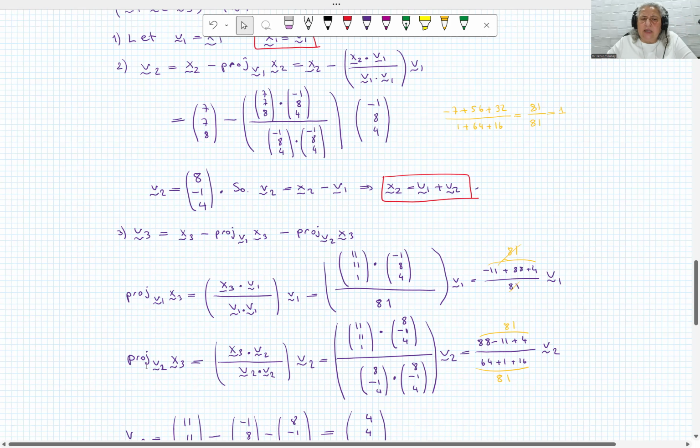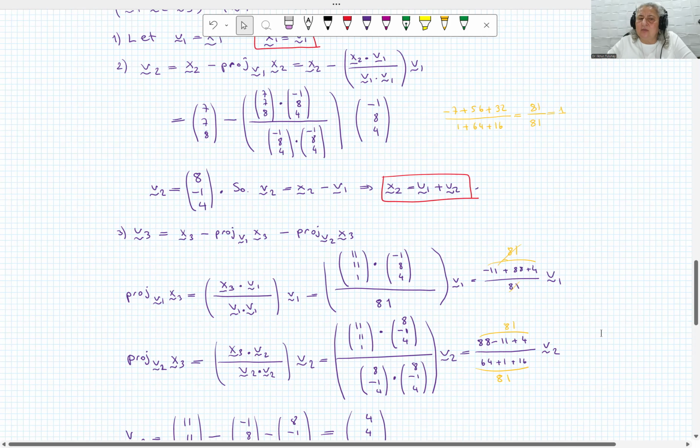And if you calculate the projection of x3 on v2, then that will be a multiple of the vector v2. The multiple here will be obtained by the dot product of x3 with v2, divided by v2 dot v2. If we calculate it, it all turned out to be 81, which just happens with this example. It is not usually the case.